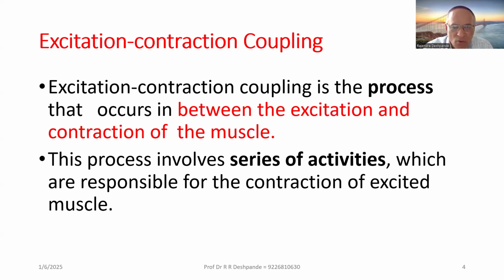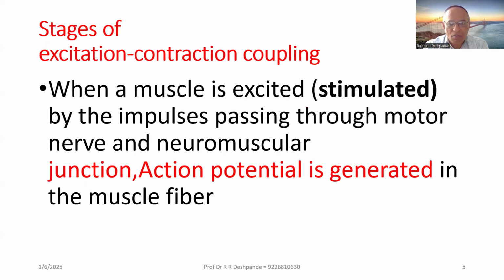The process involves a series of activities which are responsible for the contraction of the excited muscle. Excitation is stimulation. When a muscle is excited or stimulated by the impulses passing through the motor nerve and neuromuscular junction, an action potential, or AP, is generated in the muscle fiber.